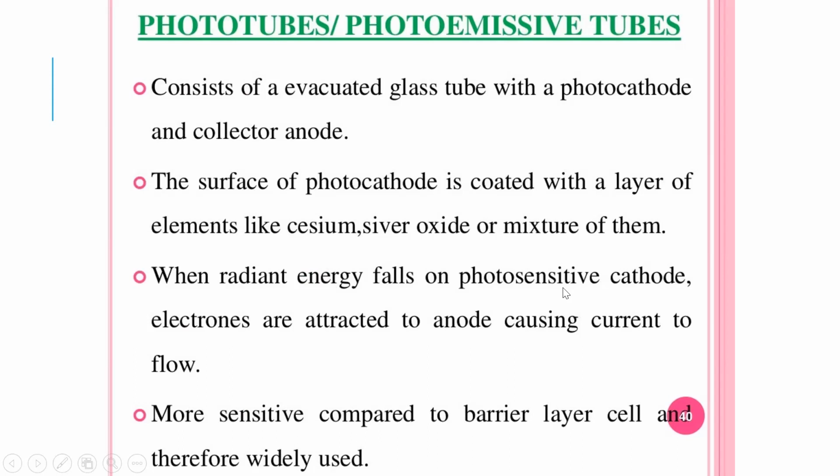When light falls on the photosensitive cathode, electrons are produced. These electrons are attracted to the anode, causing current. That current is proportional to the intensity of the light. The photocathode is coated with a layer of cesium oxide or silver oxide.